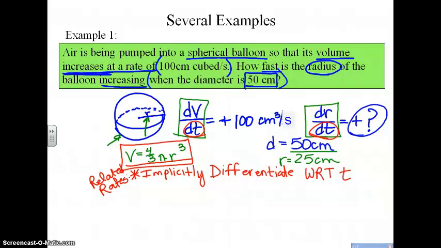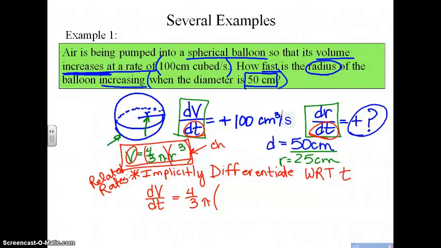So what was the process for implicit differentiation? It was term by term. Take the first term, differentiate it with respect to time. Copy down any equals or pluses or minuses. Pop your constants out front. Everything that we know about derivatives up to this point still holds true. Now we're going to implicitly differentiate r cubed with respect to time.